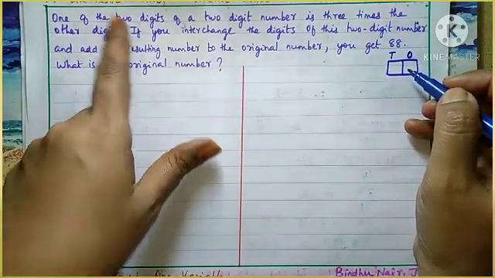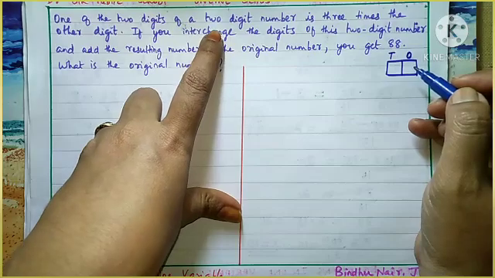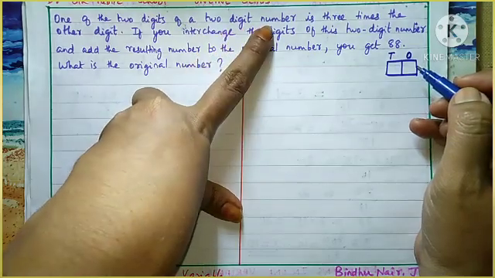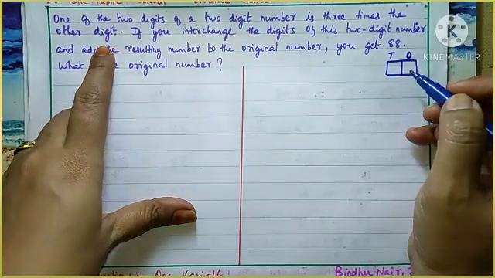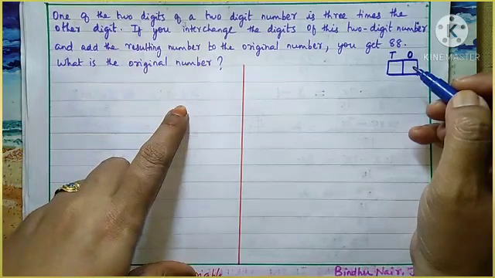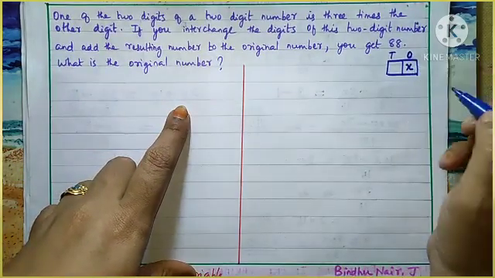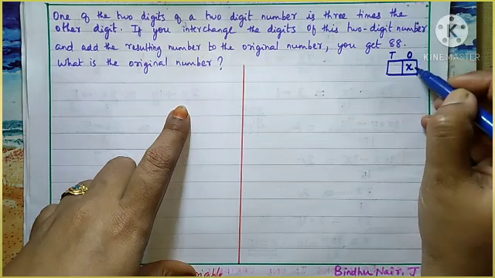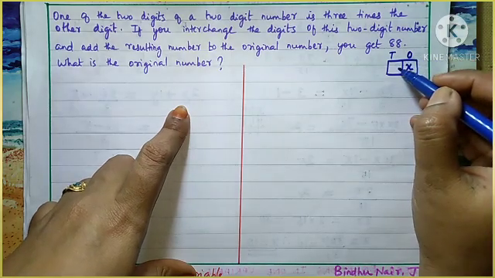Okay, here, one of the two digits is 3 times the other digit. We don't know actually what those two digits are, but here we are taking one digit as the unknown x. If we take one digit as x, what will be the other digit?